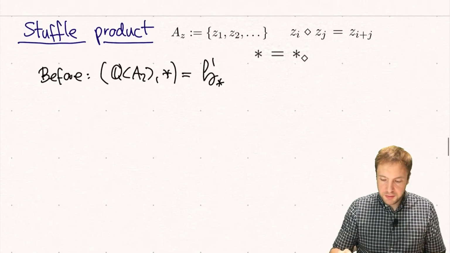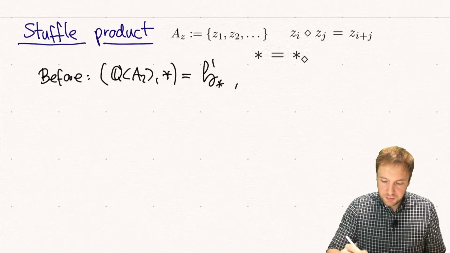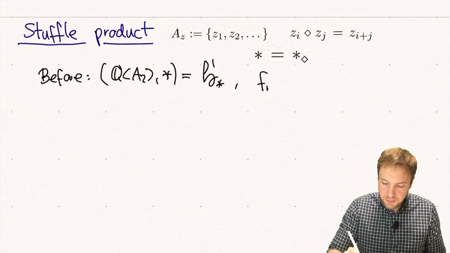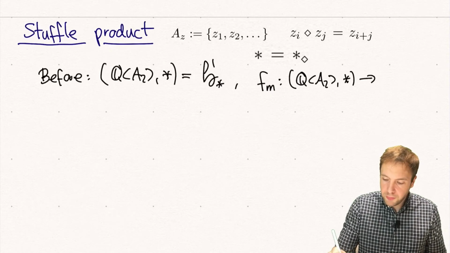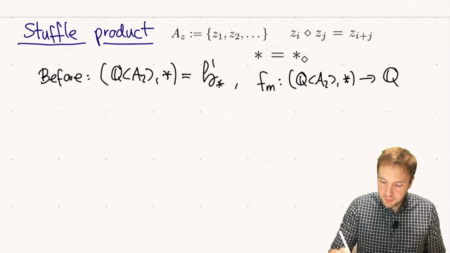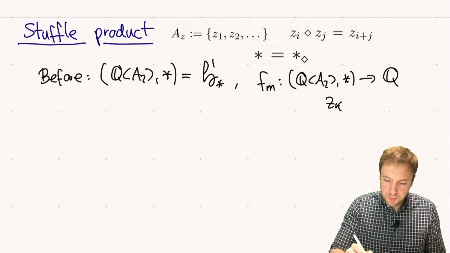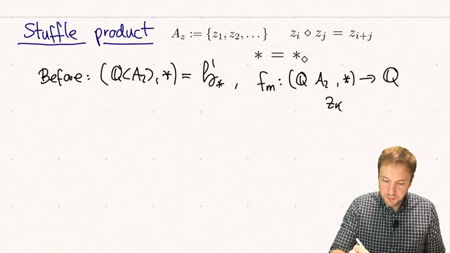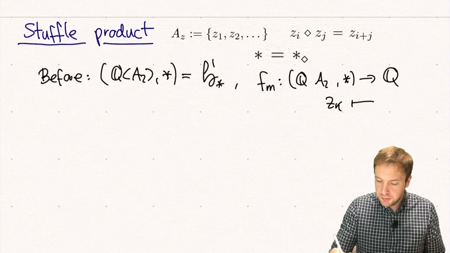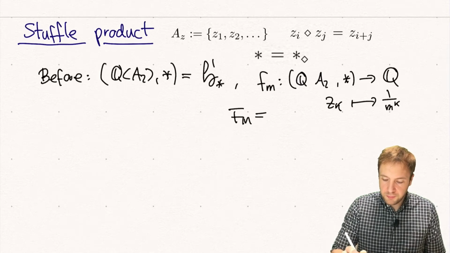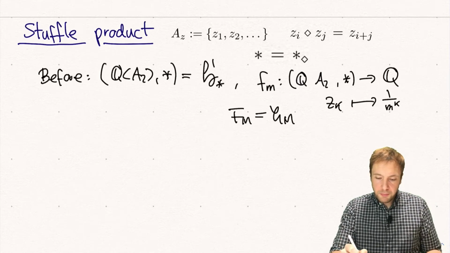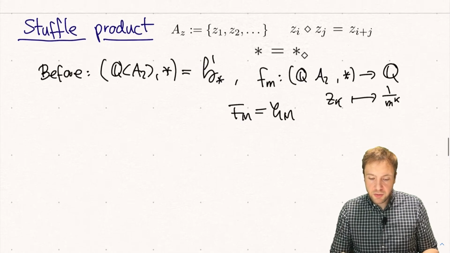And we also had these algebra homomorphisms Fm from this to Q by sending, from the space of letters, Z_m to 1 over m to the k, and then this Fm was given by this zeta m. But now let's consider subalgebras of this.